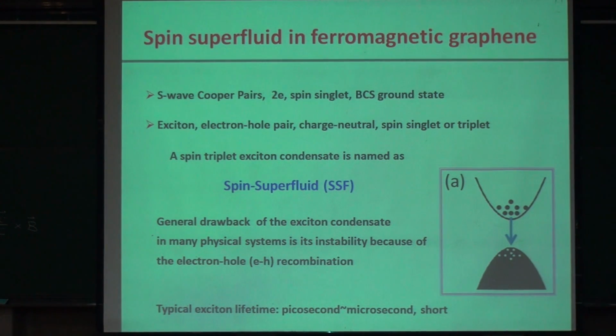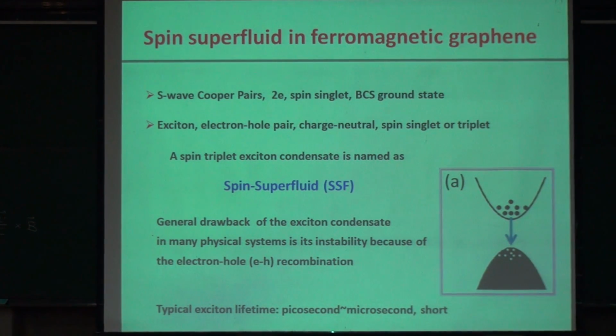In the Cooper pair, it's two electrons. In ferromagnetic graphene, the spin superconductor is made of so-called excitons. An exciton consists of one electron and one hole, and it's also a boson. Electron and hole carry the same amount of charge but with different signs, so the net charge is 0. Both electron and hole are spin half, so it's possible to have a spin singlet or a spin triplet.